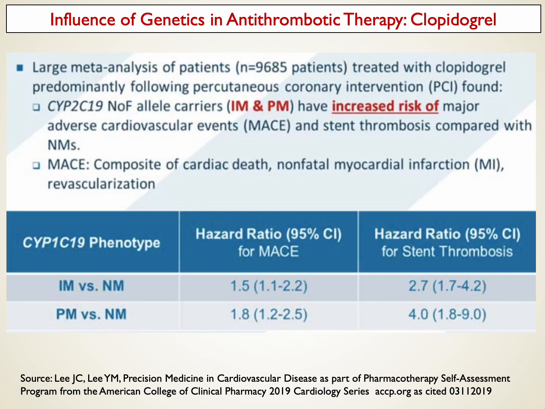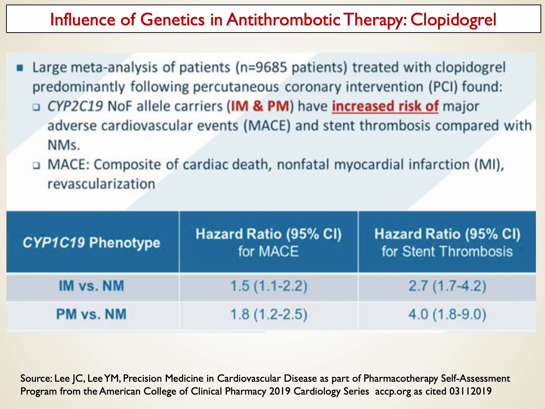So the genetic influence in summary of this is that for those folks who are intermediate metabolizers versus normal metabolizers, those folks have a slightly higher risk for major adverse cardiac events. That's an MI, that's a thromboembolic event of some kind.